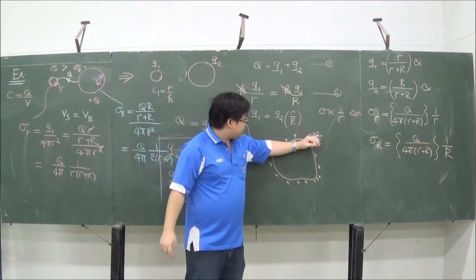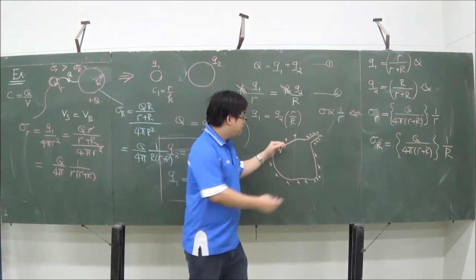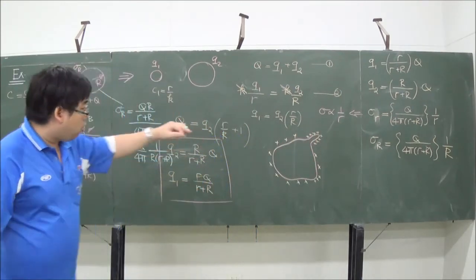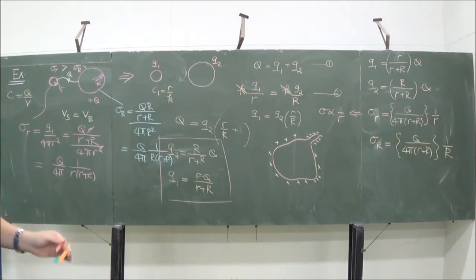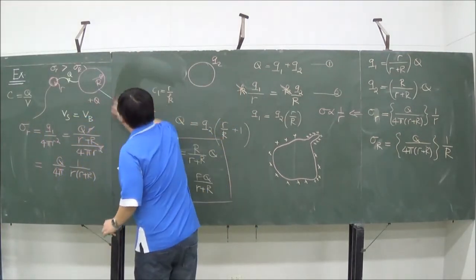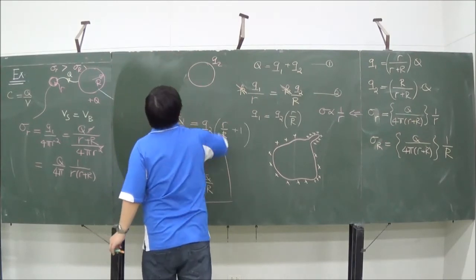Where you see a pointed area, most of the charge will concentrate on those parts. And we use this concept to build what we call the lightning rod.